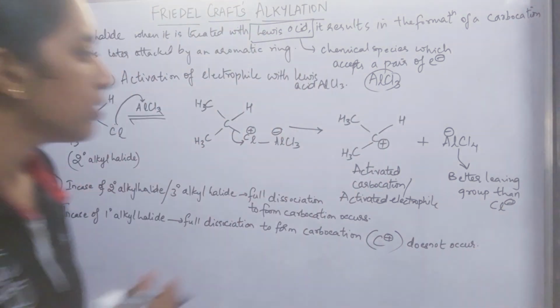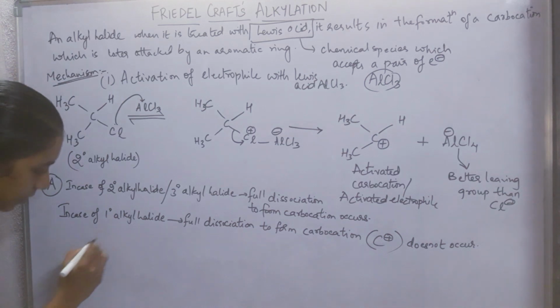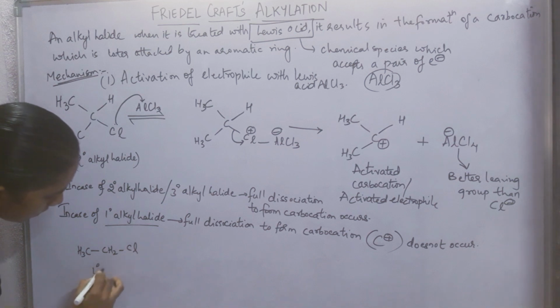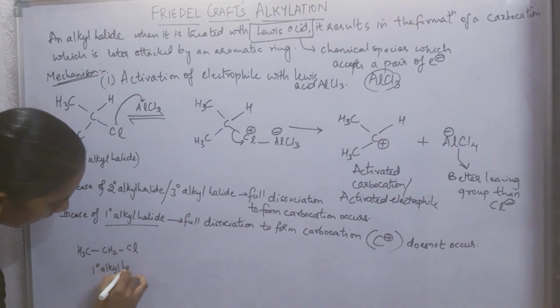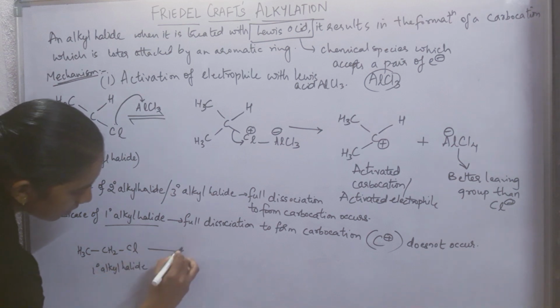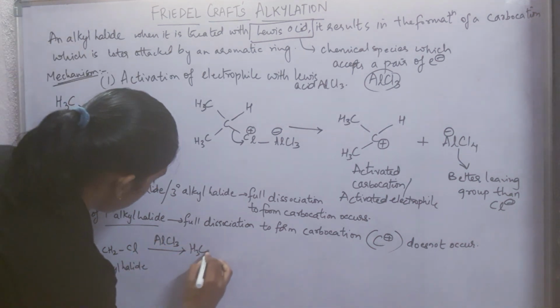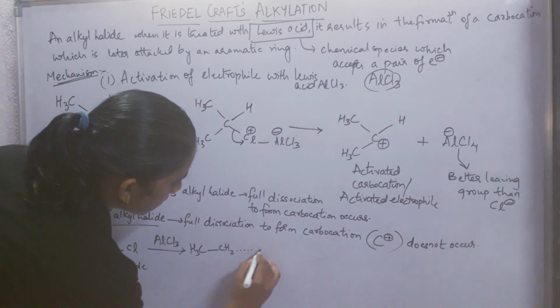What does this mean? When we take a primary alkyl halide CH3CH2Cl and treat it with Lewis acid AlCl3, we will get a structure like this.